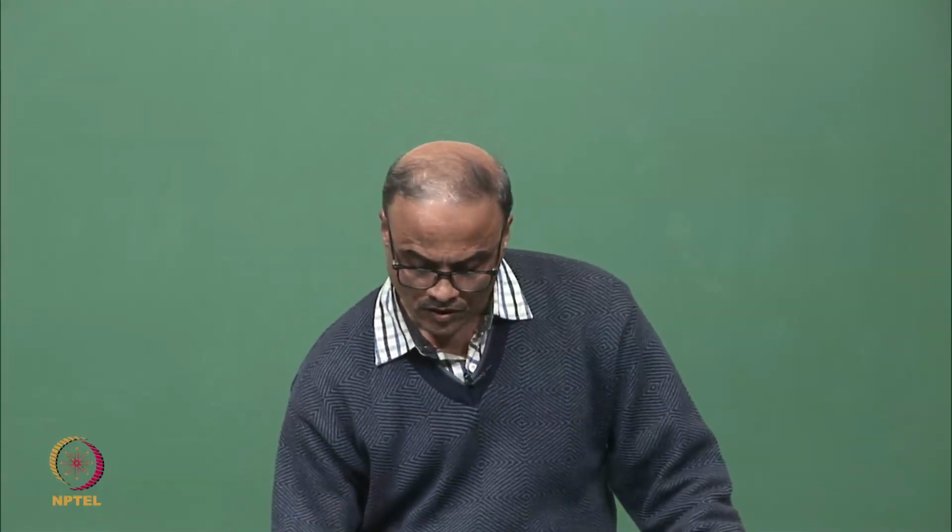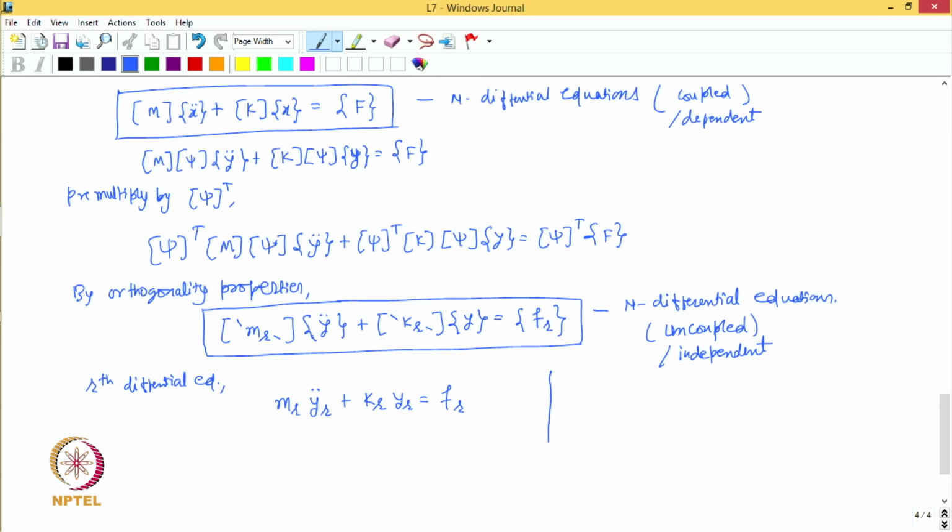If I look at a single degree of freedom system of mass m, stiffness k and subjected to a force F, then the equation of motion, if I consider q as the displacement coordinate, is m q double dot plus k q is equal to F.